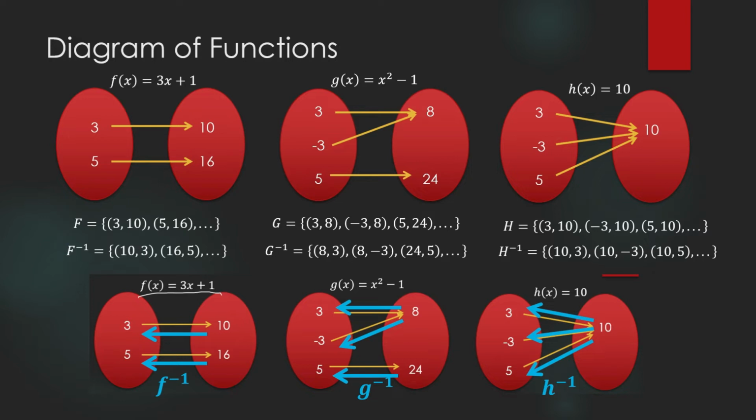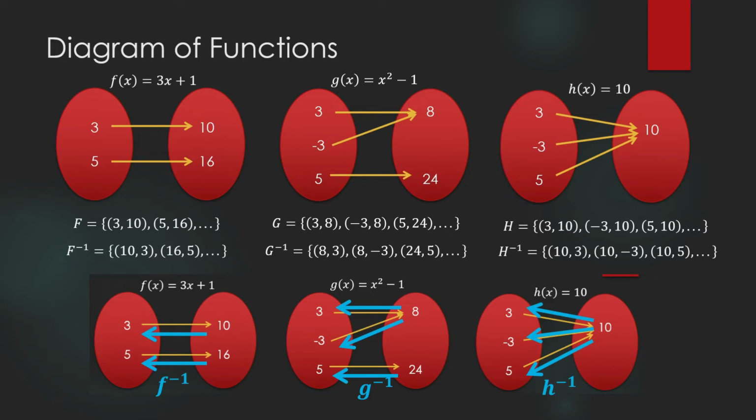So which of these three pairings or which of these three inverses are functions? g inverse and h inverse are not functions, okay? These are not functions because they do not adhere to our definition of a function. A function is a mapping that pairs the elements of the domain of the function to a unique element in set y.